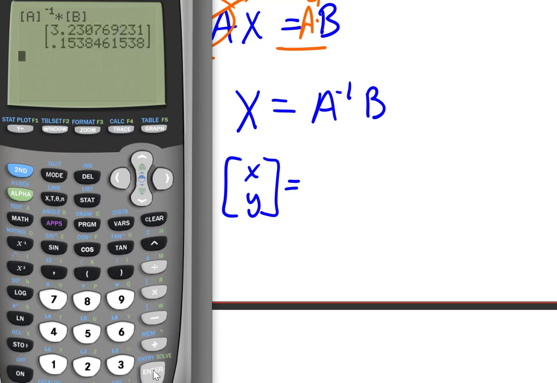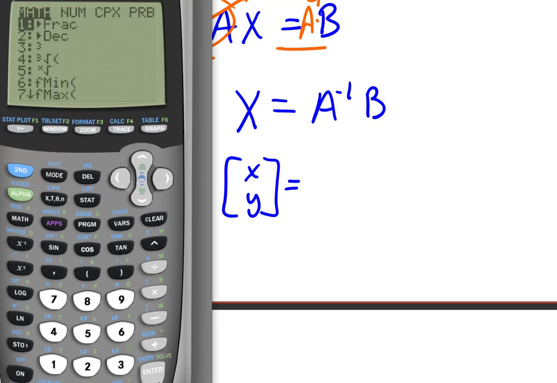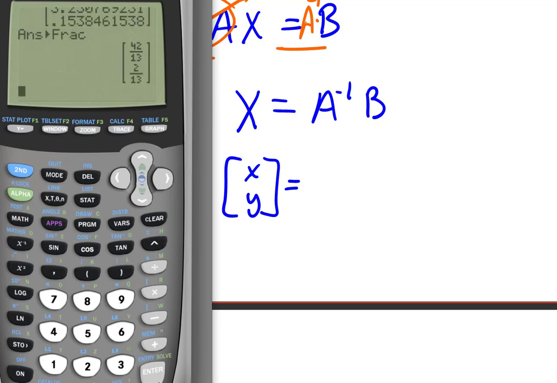If I hit enter for A inverse B, okay, it gives us a whole bunch of nasty digits, but we can convert that by hitting math and then the fraction button, and sure enough, there it is. Okay, so thanks to the calculator's help, this simple matrix equation was solved with just a couple button pushes, and we have our variable matrix of x over y. It's equal to 42/13 for x and 2/13 in the y spot.